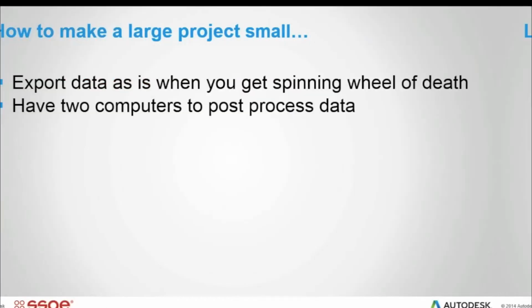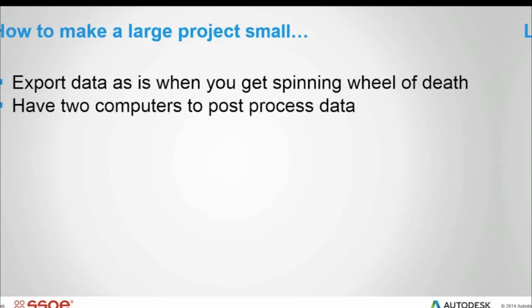The last 2 points, export data when you get the spinning wheel of death. I can't explain it other than you'll know when you get it. Probably a lot of people that are on the call have gotten it before. And I know I follow one of the forums or the threads. I think I was either one of the first 2 people to post on it about the spinning wheel of death.